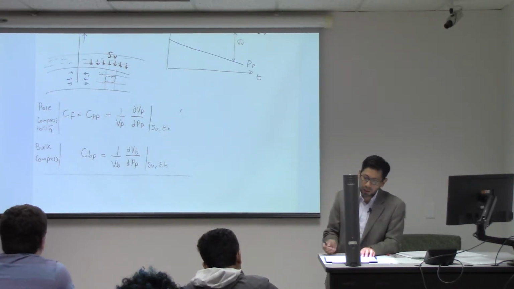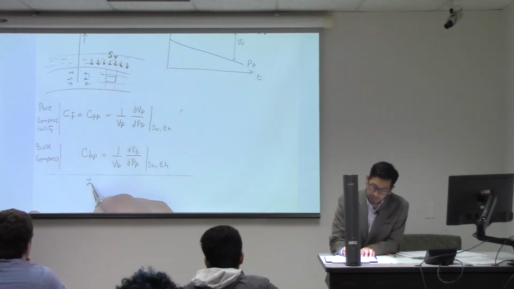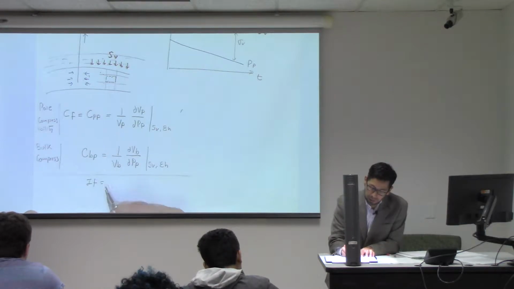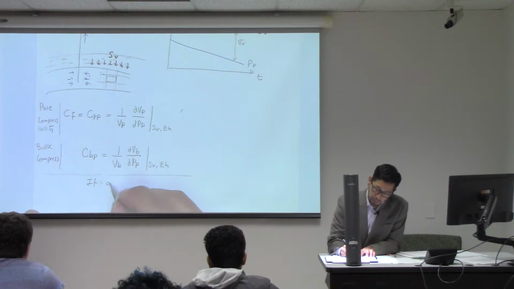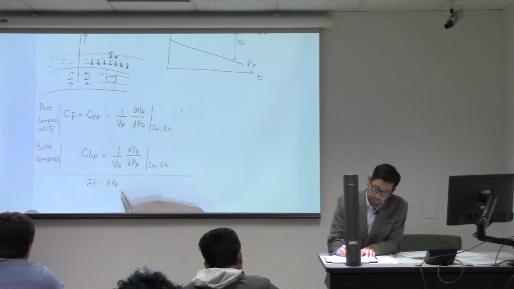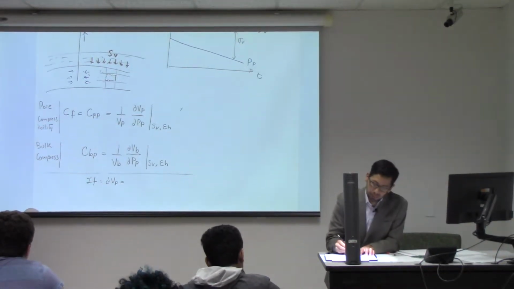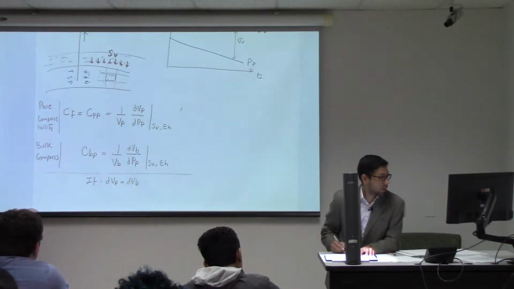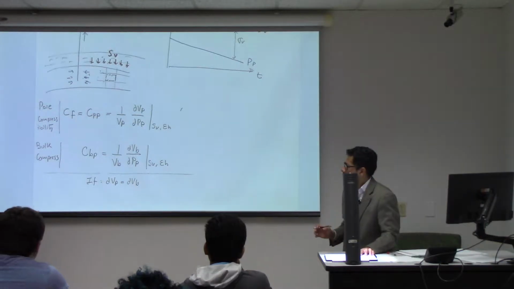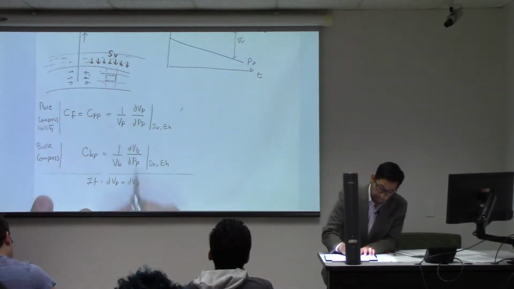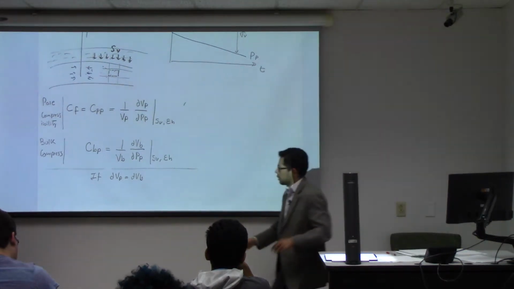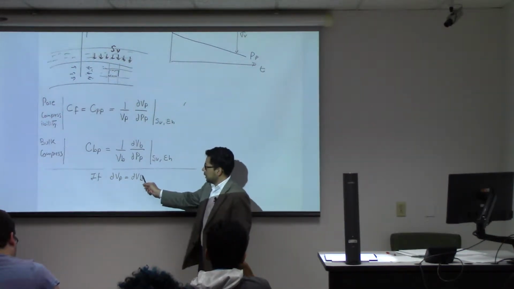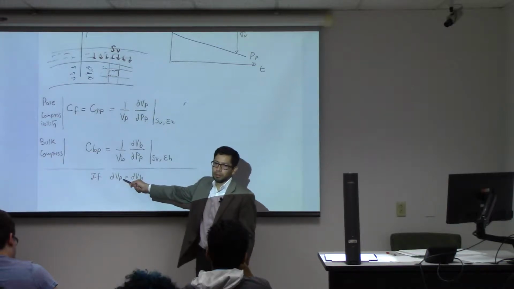Okay, so now let's assume that the variation of pore volume is going to be equal to the variation of bulk volume. This is not always true, okay? But what that means is that all the compaction of the rock goes into loss of porosity.